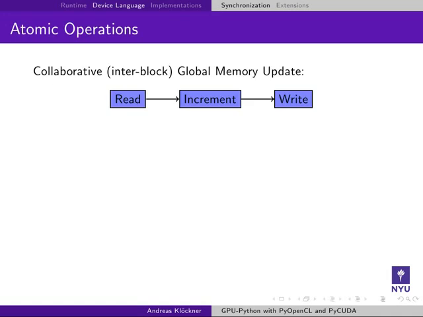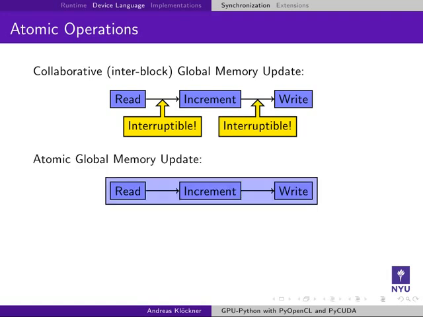Sometimes you also don't need to explicitly synchronize, where you can use atomic operations. Have you learned about atomics elsewhere? I'm running out of time. The quick story is that at each of the stages where, say, you would increment a variable, between the read where you bring the data on chip, and between the increment and the write, that will be interruptible, and an atomic operation makes that uninterruptible, and thereby you can use that to also collaborate between workers.